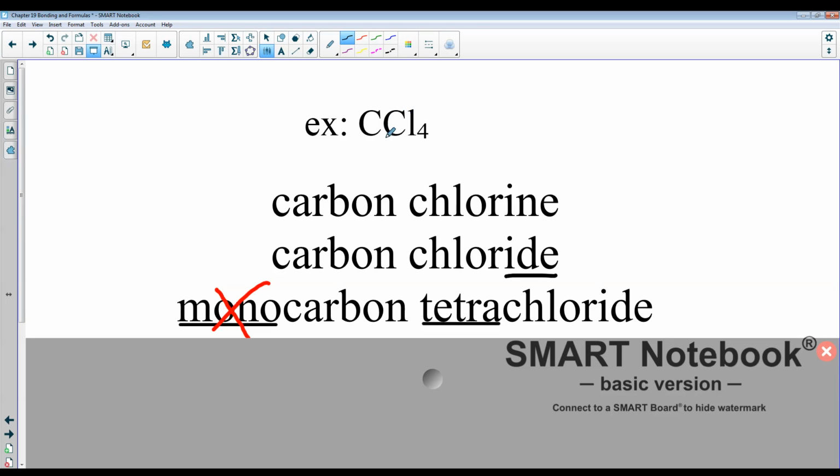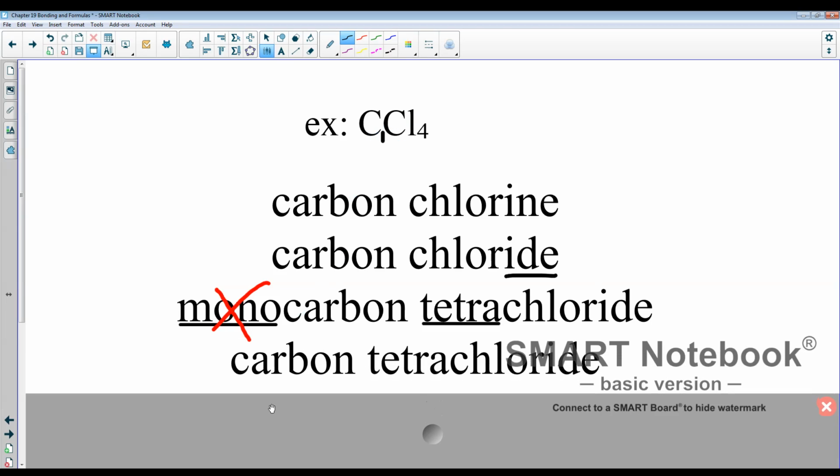And since there's 1 carbon, normally I would put a mono here to make 1 carbon, because there's just an invisible 1 here. 1 carbon and 4 chlorines. But we can't start the whole name with mono, because I guess if you were looking up compounds in a book, a huge number of them would start with mono, mono, mono. So we'd actually avoid using mono if we could.